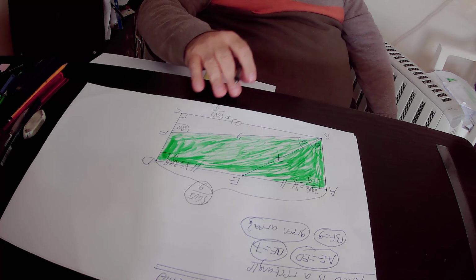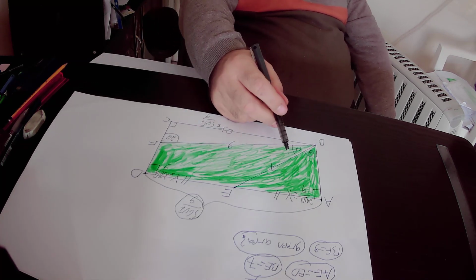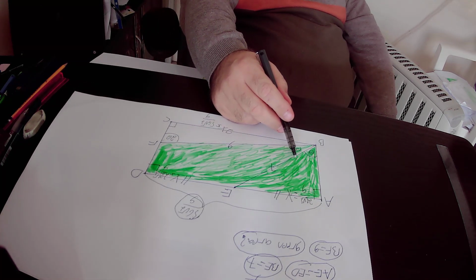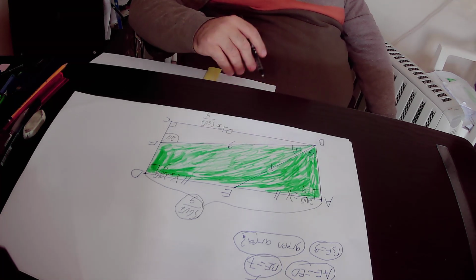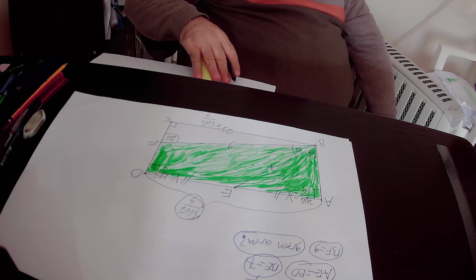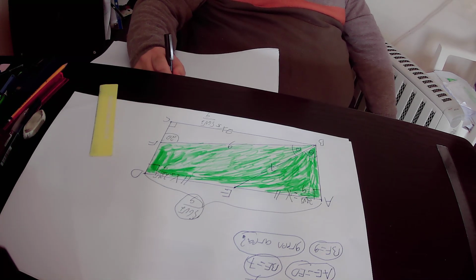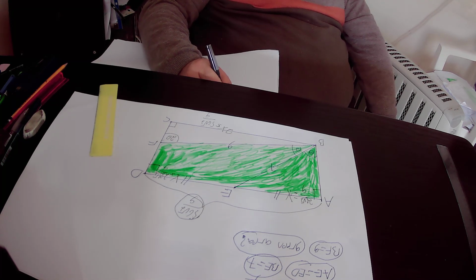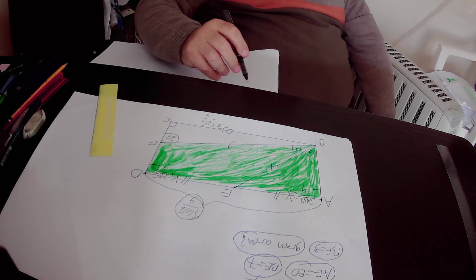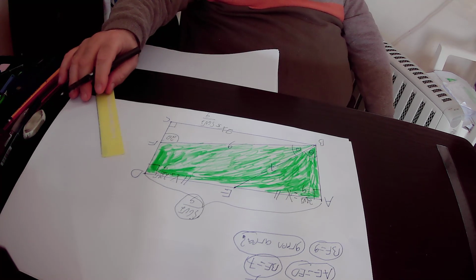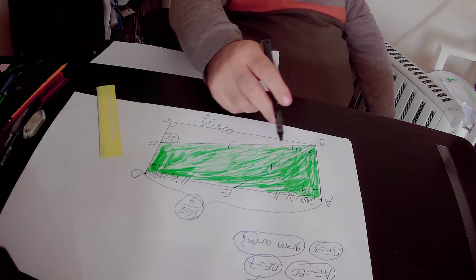In the next step we will focus on the right triangle ABE. On the right triangle ABE, cosine theta equals AB over 7.